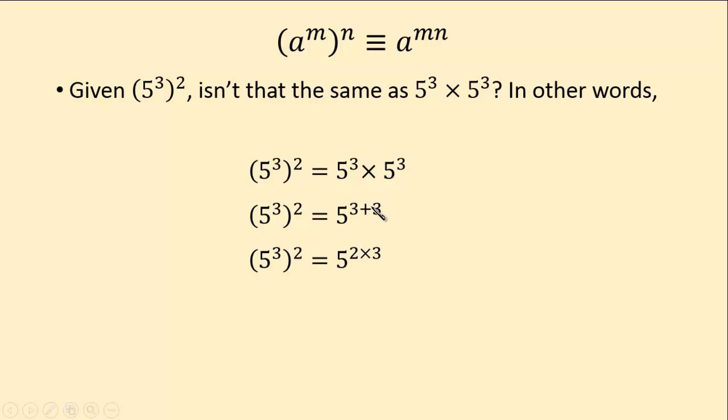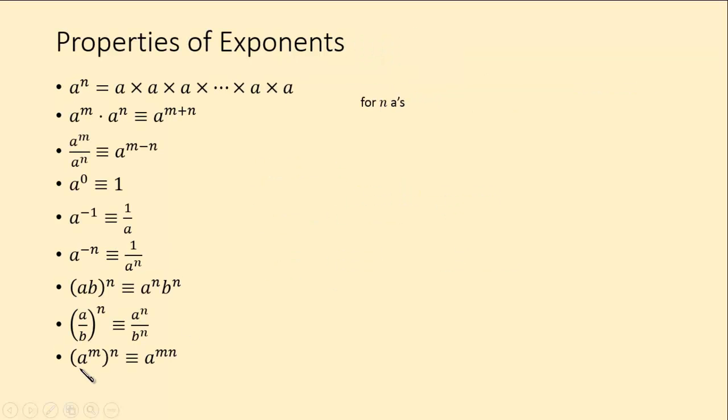So that's 3 plus 3. Of course, 3 plus 3 is the same as 2 times 3. So we see then that 5 to the third power, everything raised to the second power, is 5 to the 3 times 2, or 2 times 3. Remember, multiplication is commutative. So a to the mth power, everything raised to the nth power, is a to the m times n. And that's what we see here.